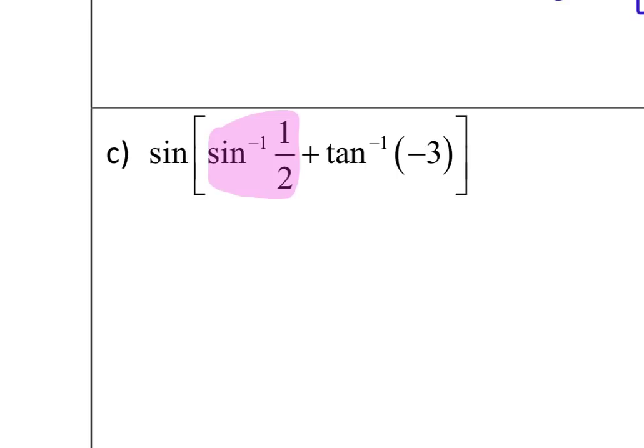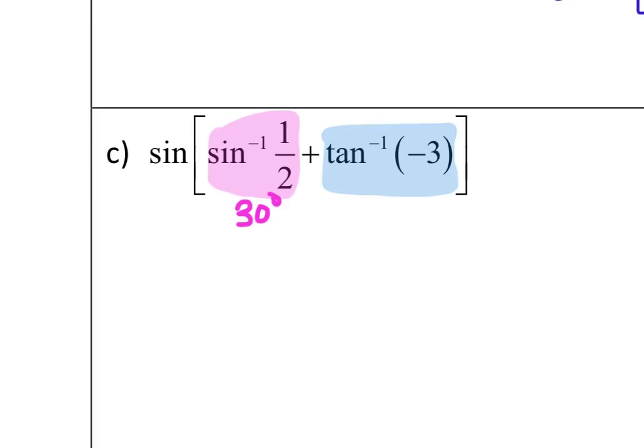You also have your angle represented by inverse tangent of -3. But you know the angle that's the answer to inverse sine of 1/2, and so the answer to that one is going to be 30 degrees. So without fussing over anything, let's just call that 30 degrees.